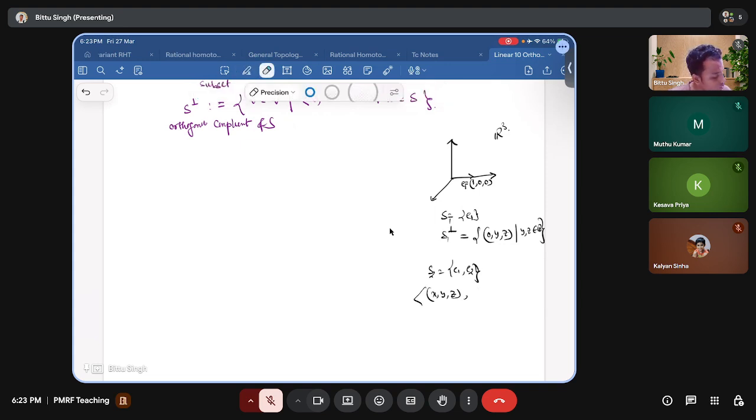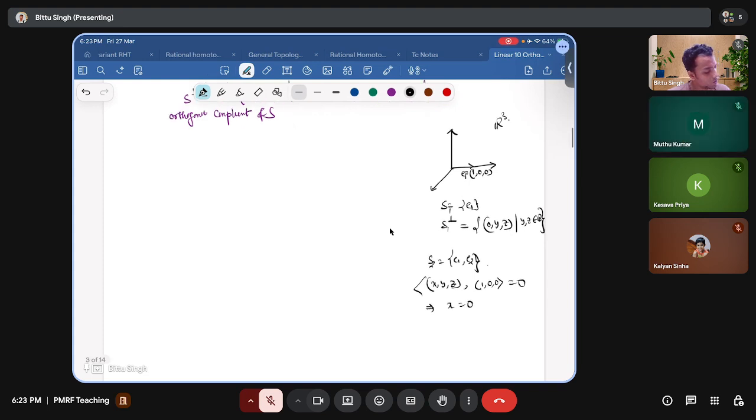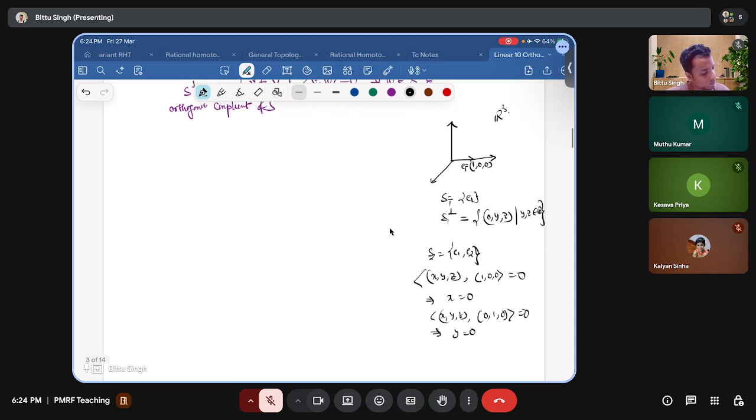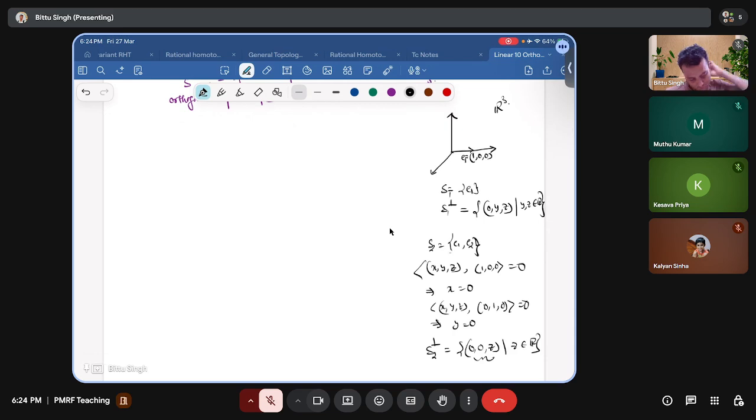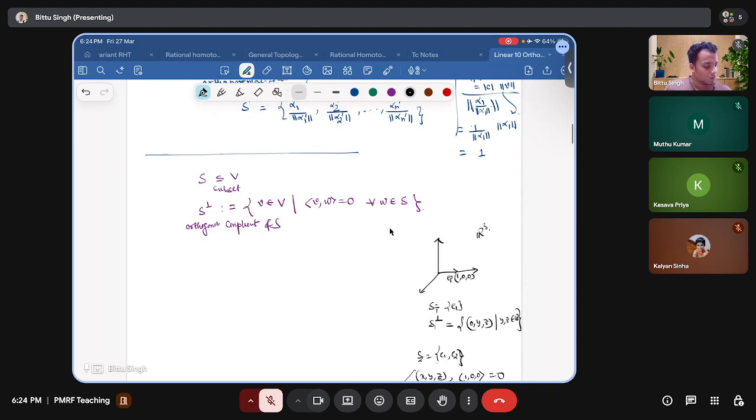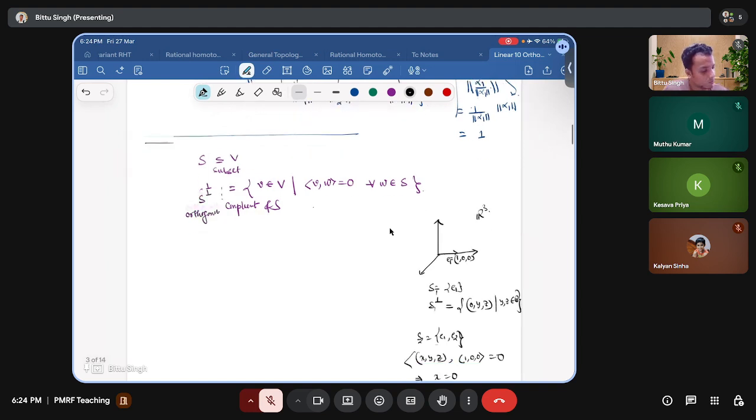So x y z inner product with e1, which is 1 0 0, equal to 0 means x equal to 0, and similarly x y z inner product with e2, 0 1 0, equal to 0 will give y equal to 0. Therefore the S2 complement is given by 0 0 z, where z is arbitrary. You can see this kind of vectors are orthogonal to both e1 and e2. So this is the definition of orthogonal complement.